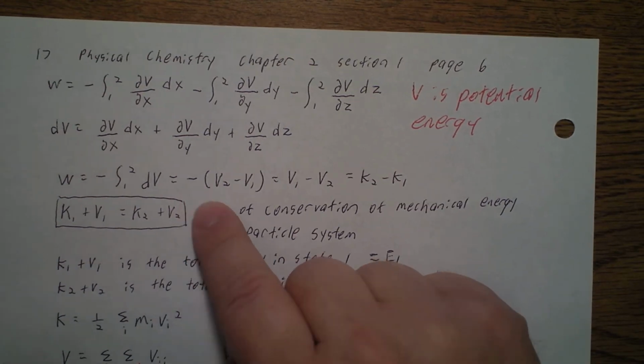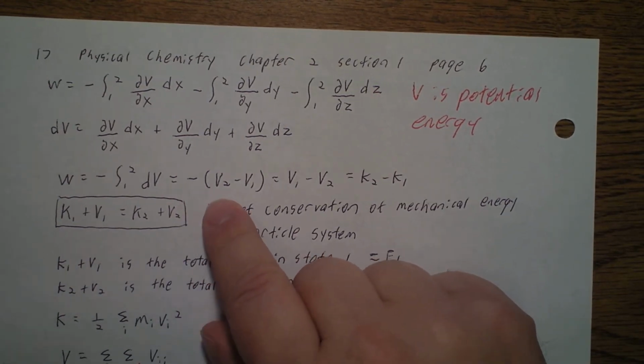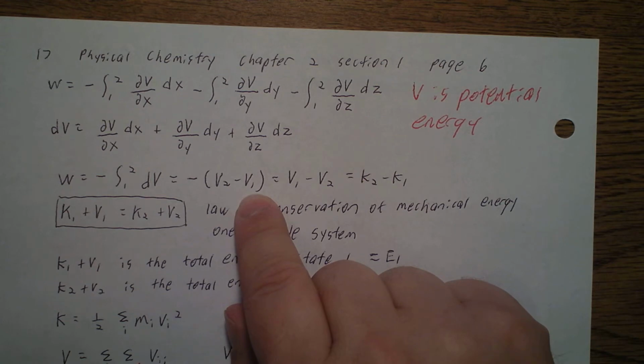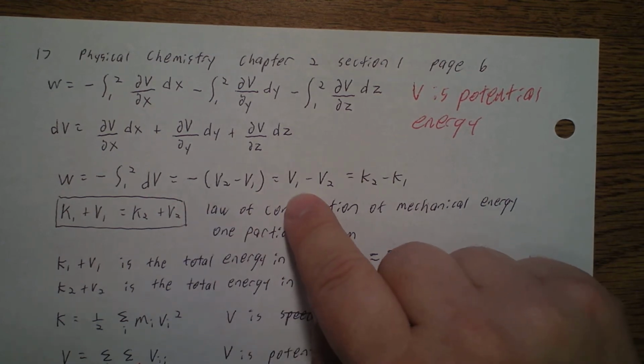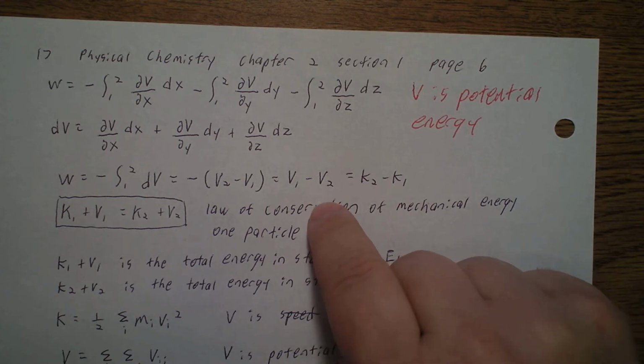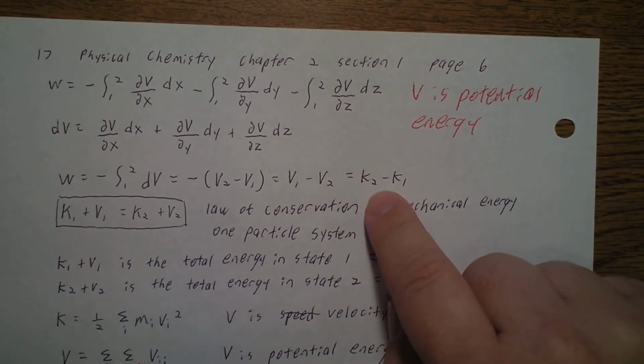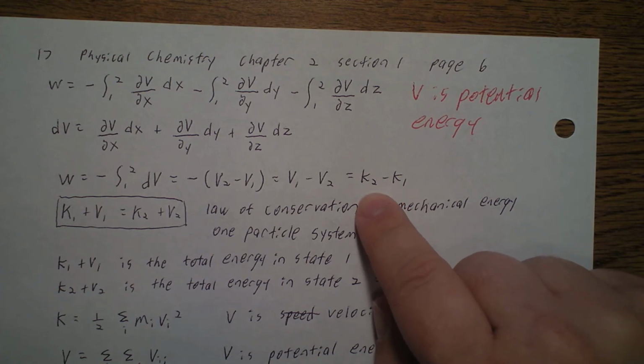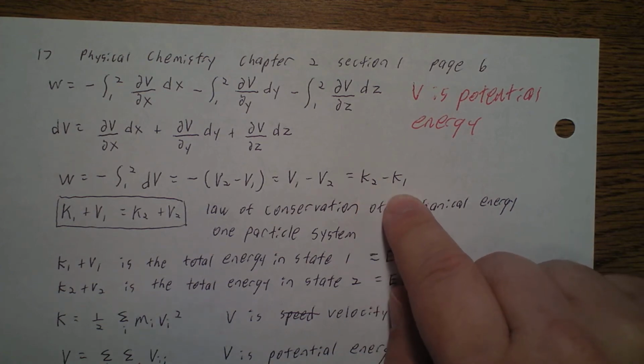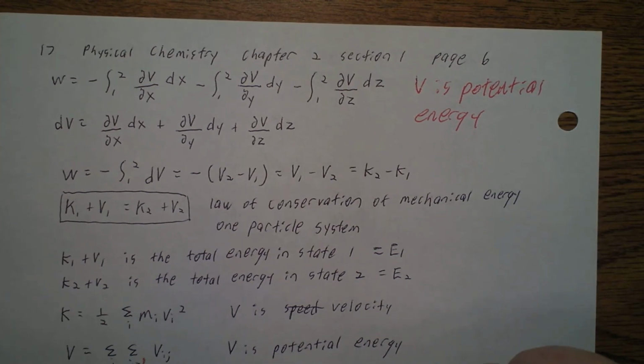So we get minus the final potential energy minus the initial potential energy. Distributing the minus sign, we get the initial potential energy minus the final potential energy, which is equal to the final kinetic energy minus the initial kinetic energy.